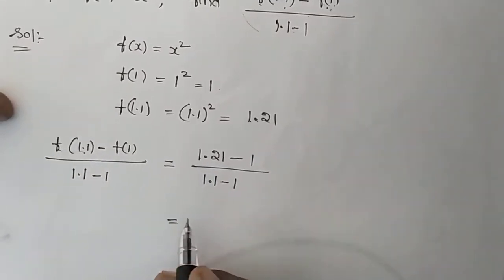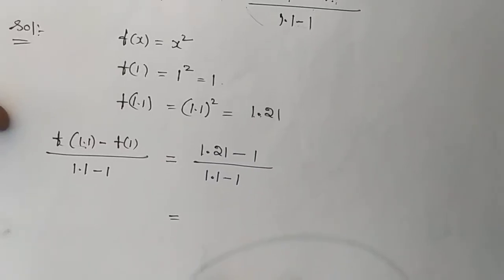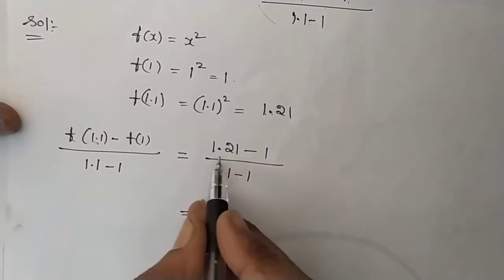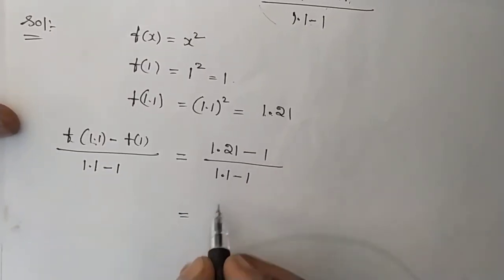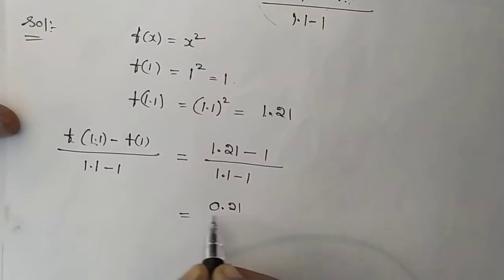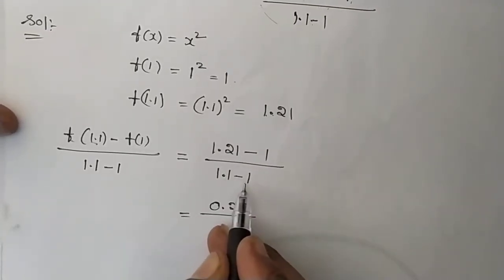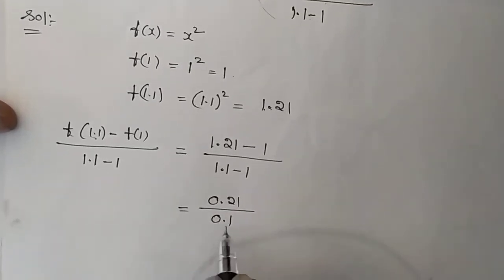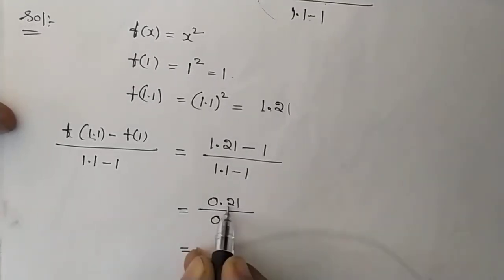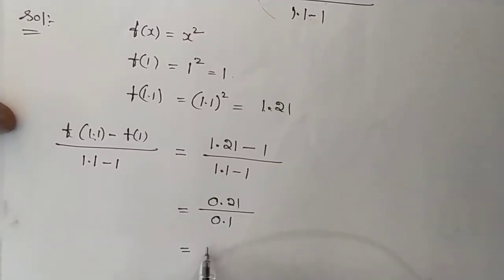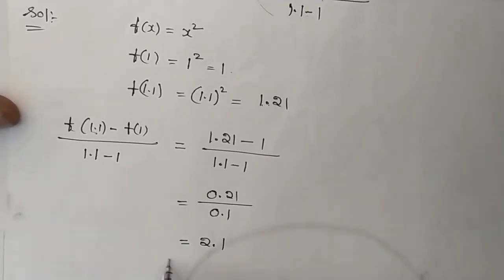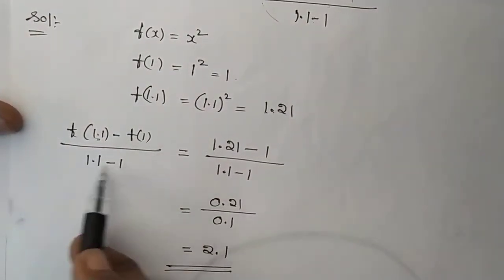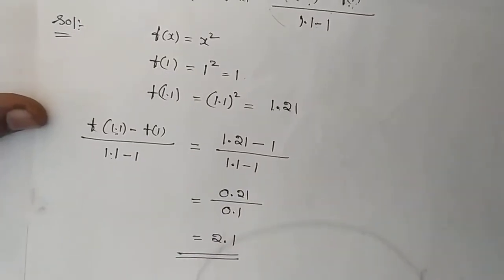By using the calculator, you can find the value of 1.21 minus 1, which is 0.21, divided by 1.1 minus 1, that value is 0.1. That equals 0.21 divided by 0.1, which is 2.1. Hence, it is the value of f of 1.1 minus f of 1 divided by 1.1 minus 1.